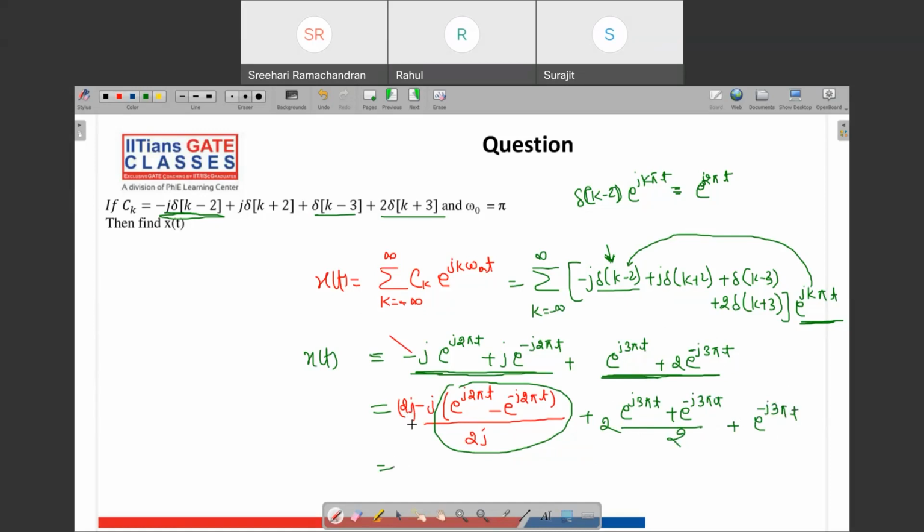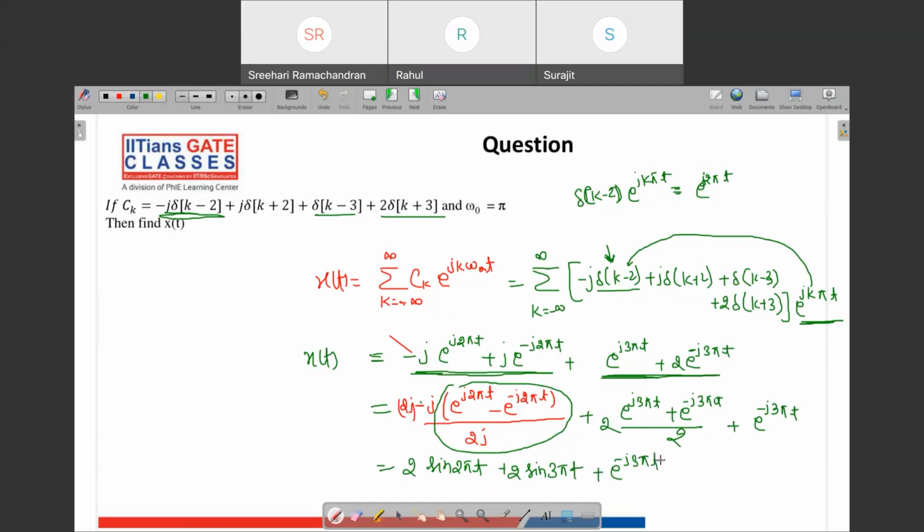Now you have a j into j square, which is minus 1. This minus and that minus will cancel out each other. You will get simply 2 sine 2 pi t, and for this one you'll get 2 cos 3 pi t, and this one you'll leave as it is, e to the power minus j 3 pi t.